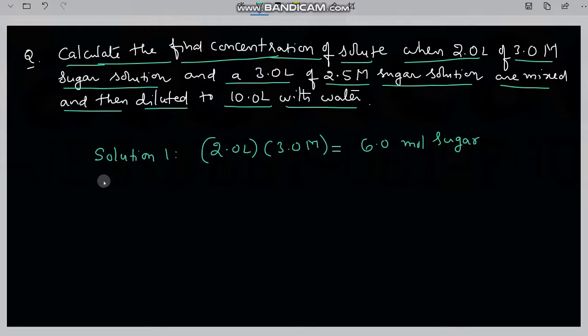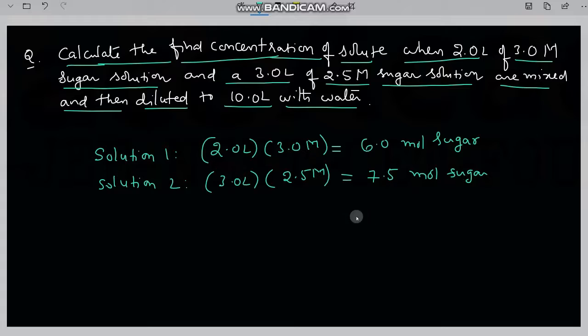In the second solution, the volume is 3.0 liters and the molarity is 2.5, so its product is 7.5 moles of sugar.